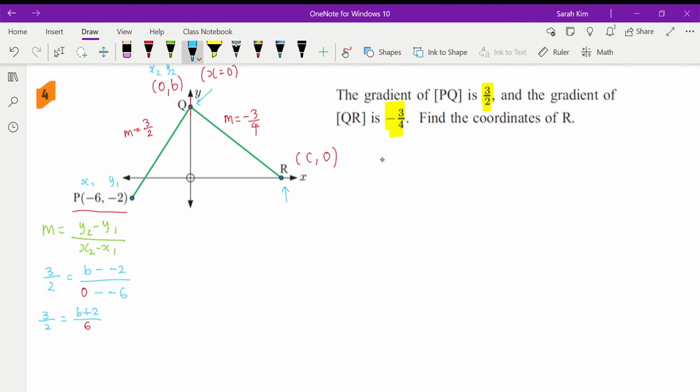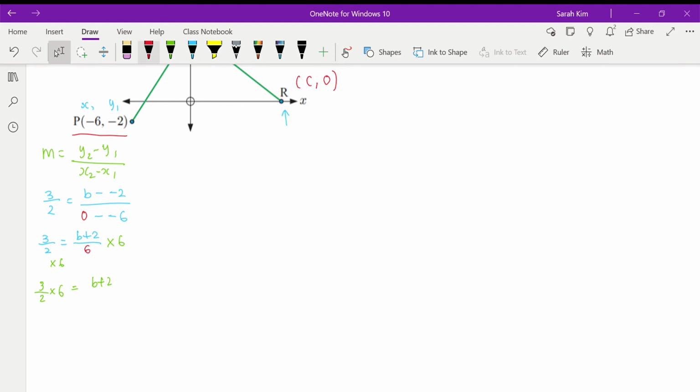Alright, I'm going to have to times by 6, to get rid of the divide by 6. So I get 3 over 2 times 6 equals b plus 2. And then I get 3 times 6, this is 18, divided by 2 equals b plus 2. 18 divided by 2 is 9, so 9 is b plus 2.